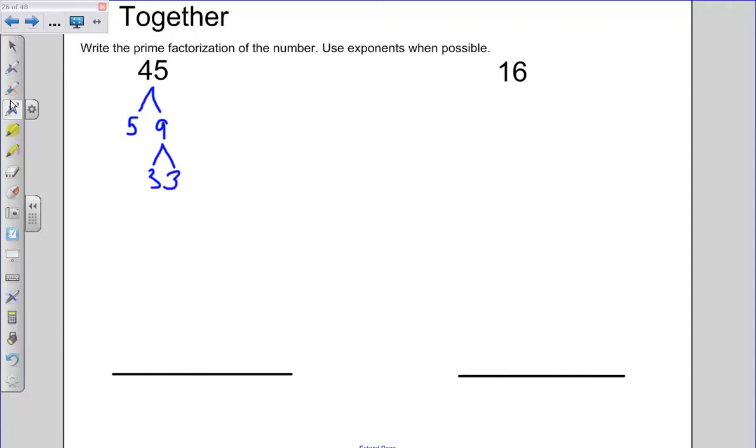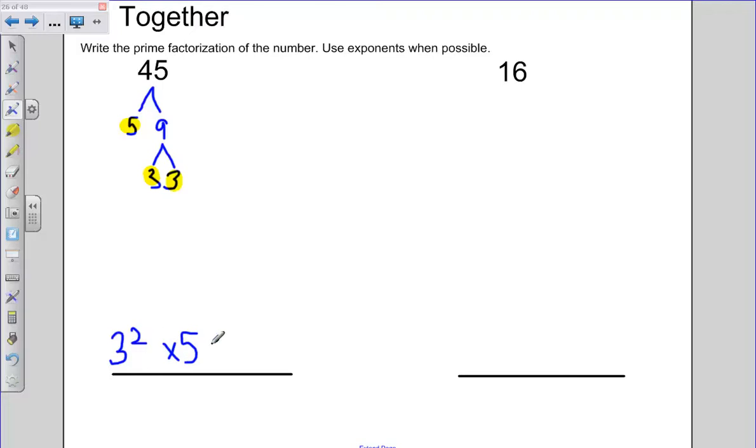So you can circle your prime numbers. I'm going to use a highlighter because that's a little bit easier for me. So I'm going to highlight my prime numbers. So my prime factorization is going to be 3 squared times 5.